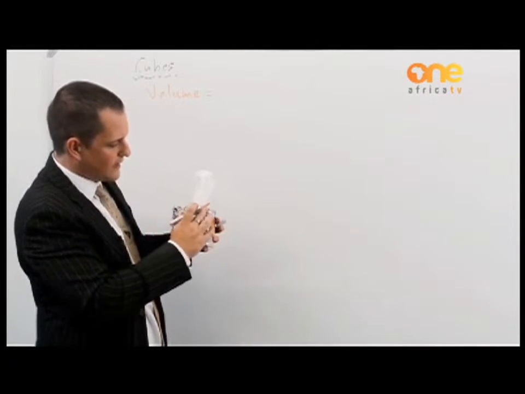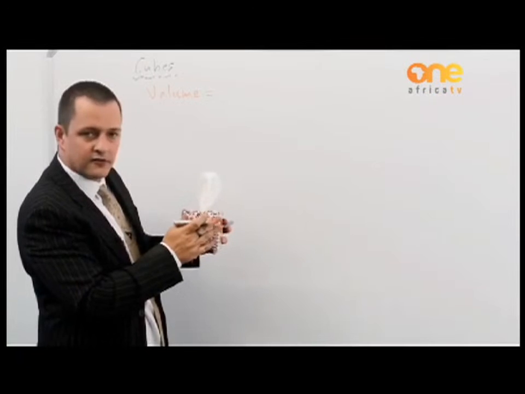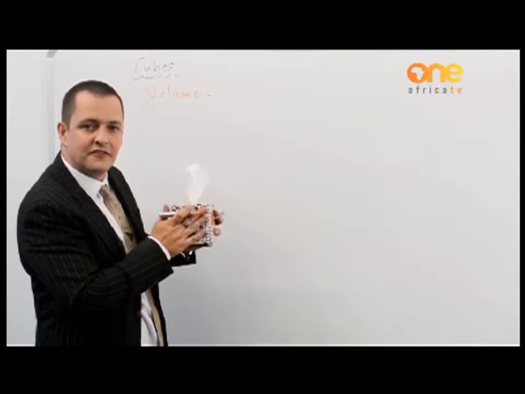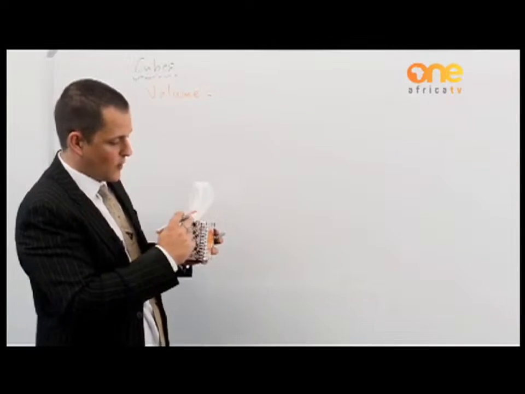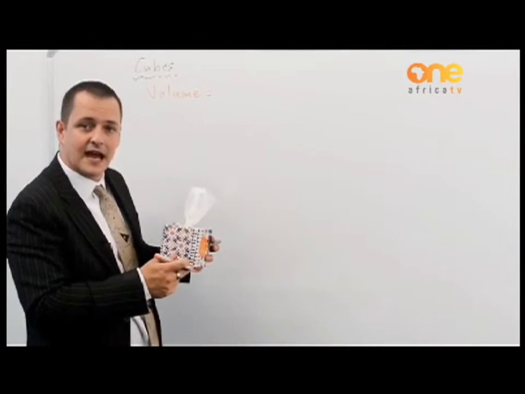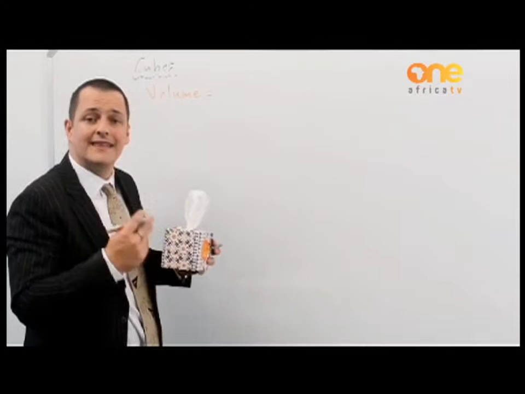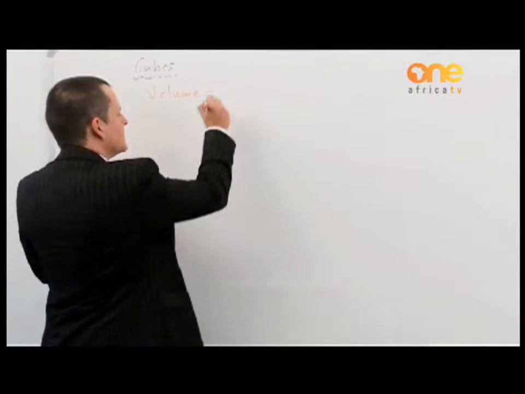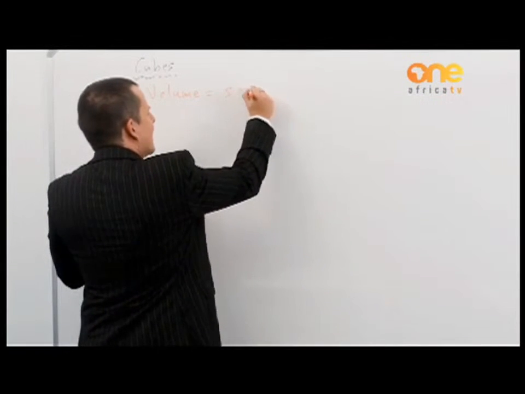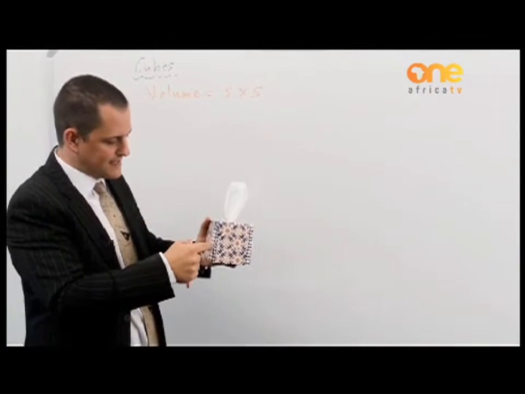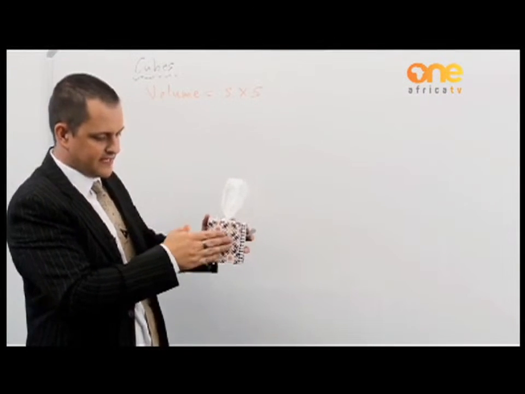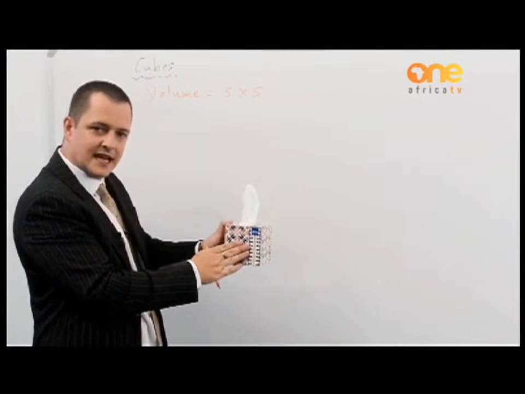So how do we calculate the area of this front face? Well, the area of a square is the one side times the other side, but being a square, they are equal in length. But if we times by the depth, this side is the same as that side.